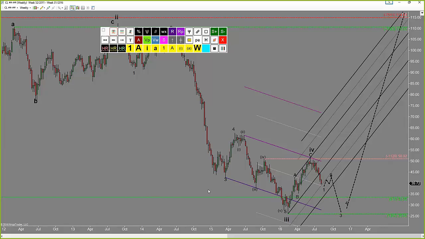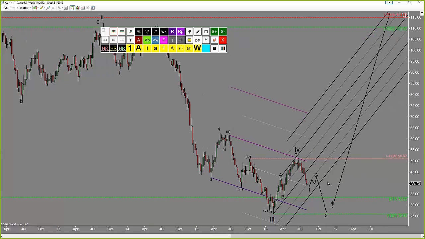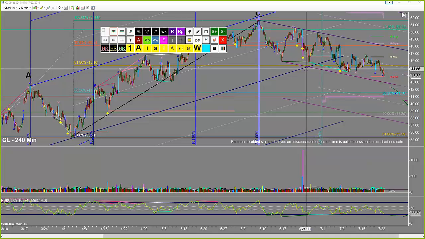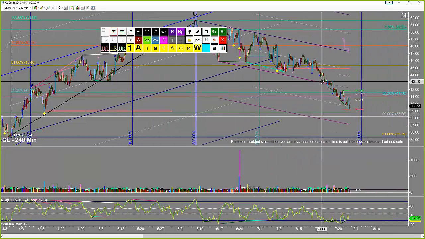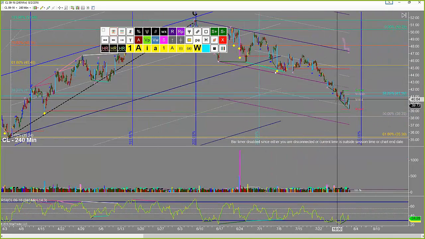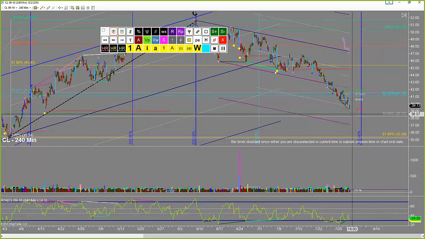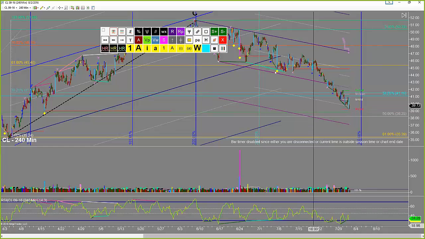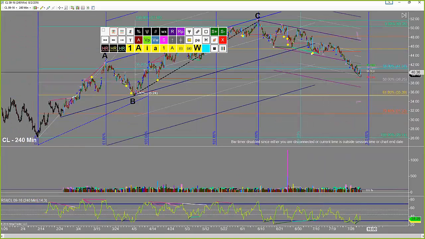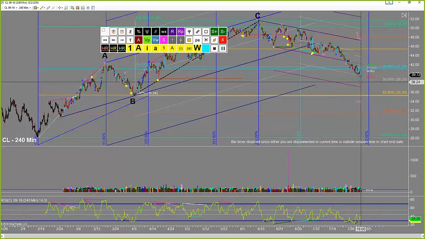That'll probably take the entire 2018 to develop. I'm sorry, 2017. What year is it? So anyway, that's what we're looking for. And because we've come through the bottom of this channel so dramatically with such a steep slope, the possibility of this being a correction back down is looking pretty slim.